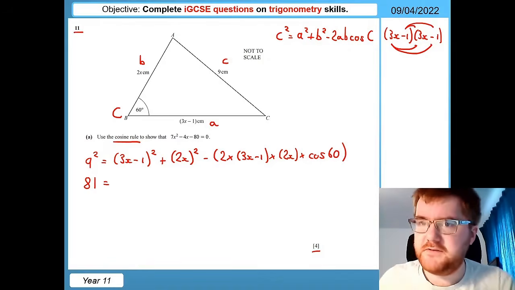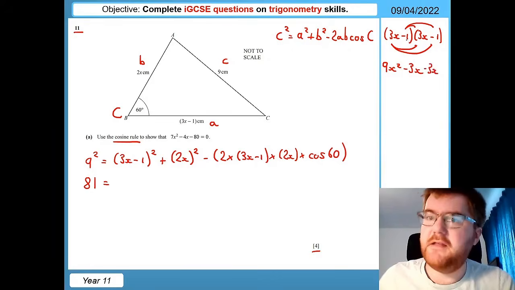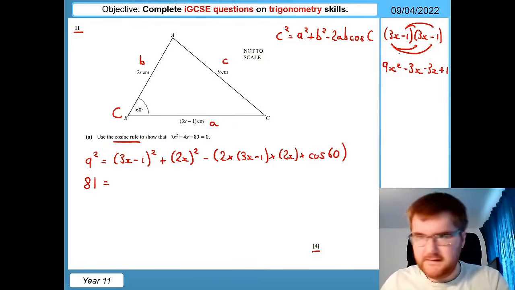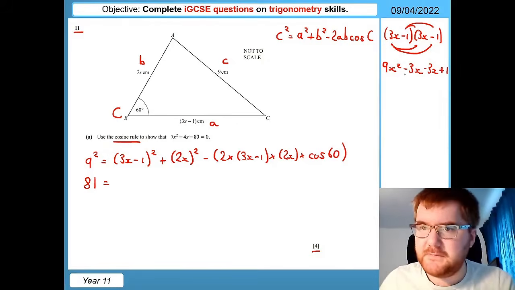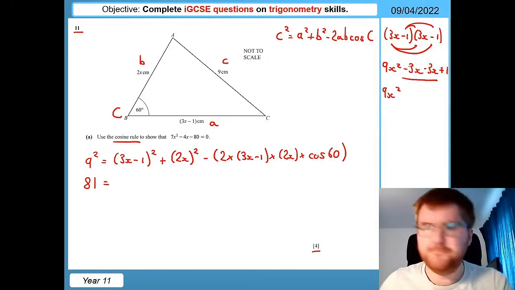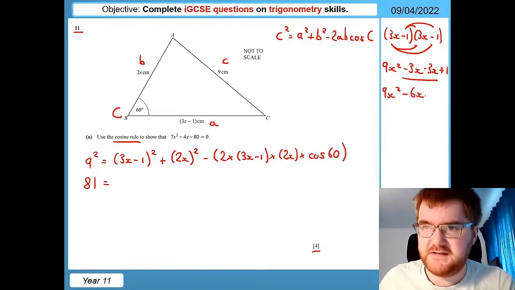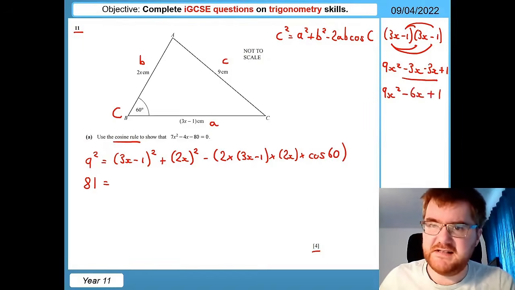So 3x times 3x is 9x squared. 3x times minus 1 is minus 3x. 3x times minus 1 is minus 3x. And then minus 1 times minus 1 is plus 1. Make sure you're very careful with that last one there. If we collect up the like terms, then we get 9x squared, that stays as it is, minus 3x minus 3x is minus 6x, and plus 1 stays the same.